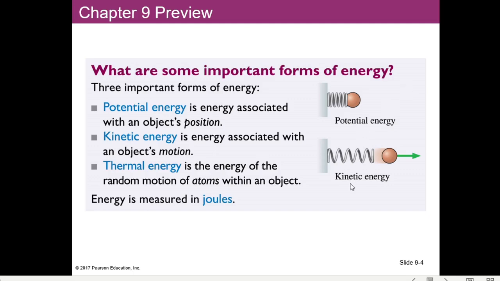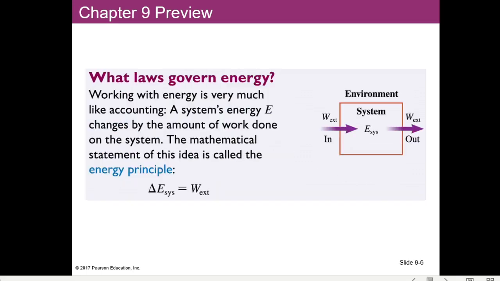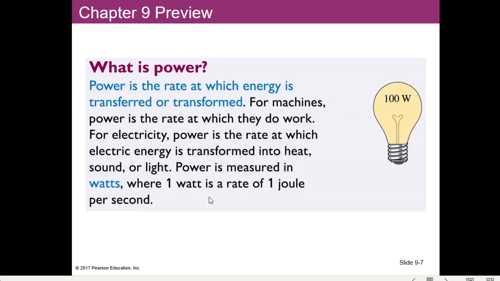Potential energy can be transformed to kinetic energy, and either one can be transformed to thermal energy, and so on. We'll see examples of that later on. The basic idea in this slide is the work kinetic energy principle, which is that the change in the energy of a system is the external work.